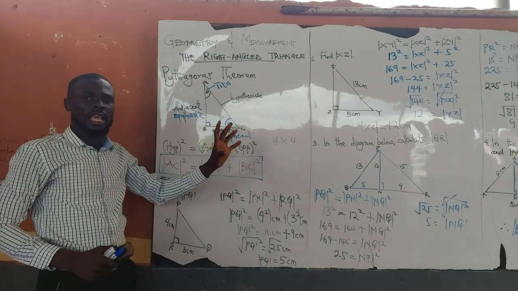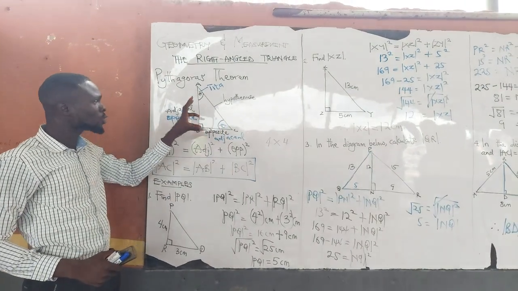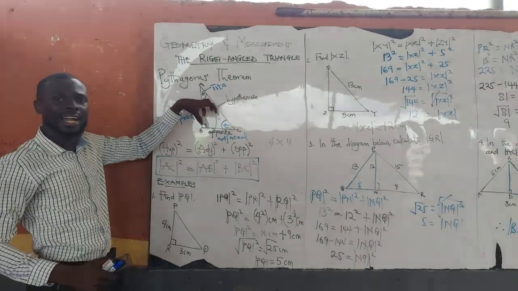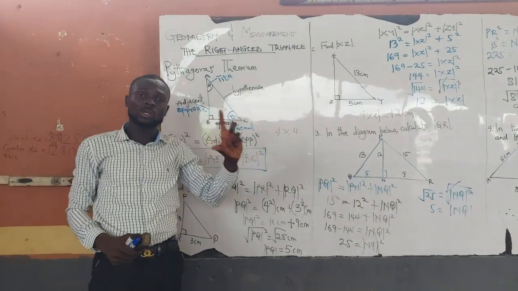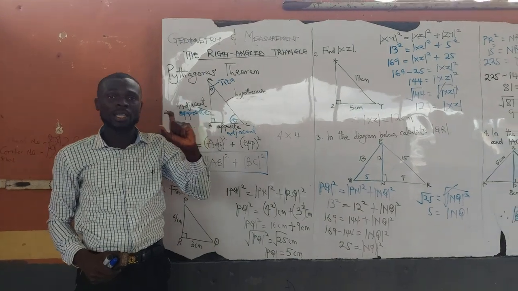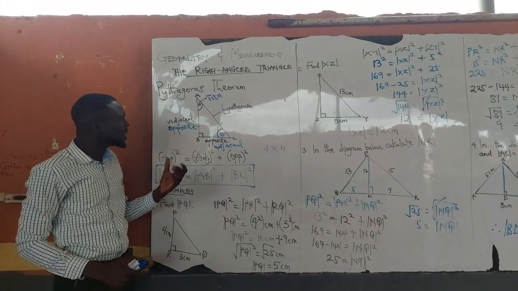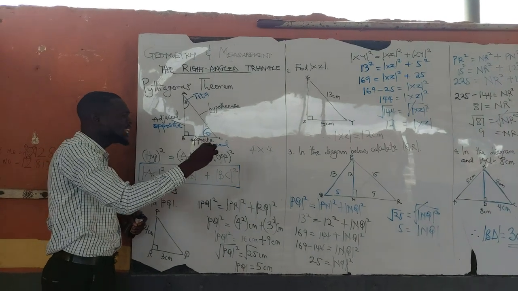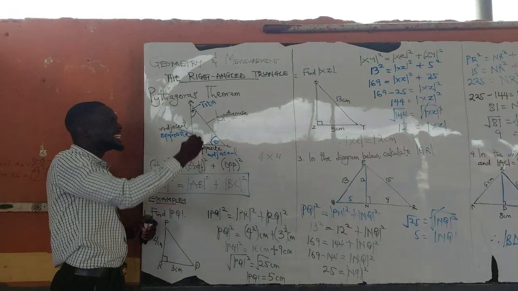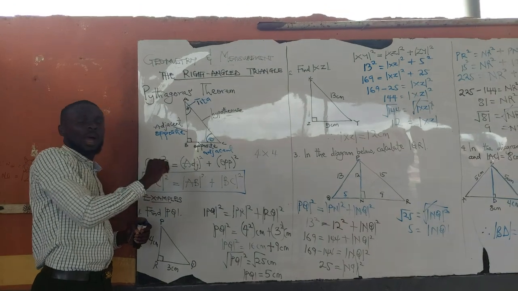Now, next time when we meet, we will also talk more about the angles in the Pythagoras theorem, where we are going to consider SOHCAHTOA in basic 8. So, working out the length, we don't normally take into consideration the actual opposite and the actual adjacent.